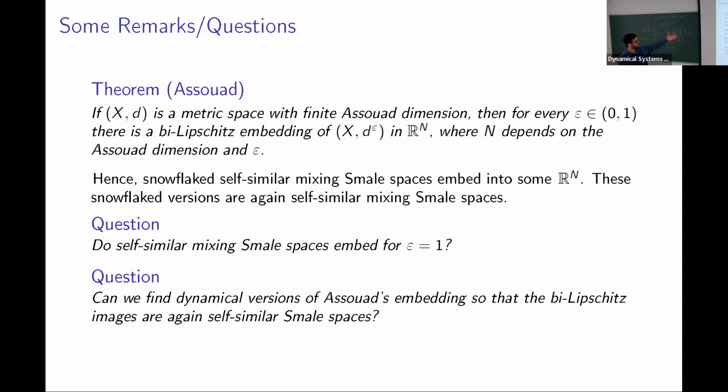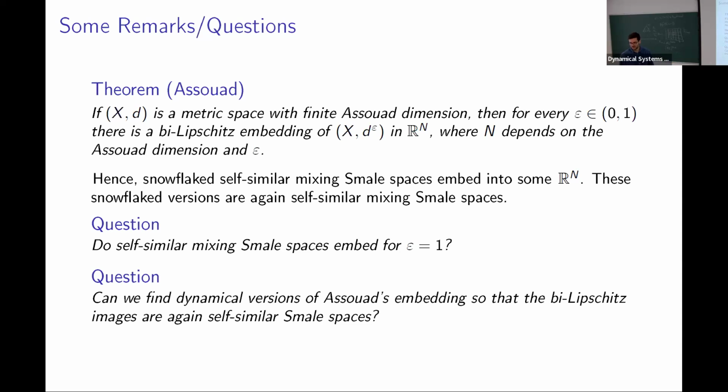Can we embed Smale spaces into a Euclidean space as self-similar Smale spaces in a bi-Lipschitz way? It is a question from an old paper of Pugh: can every Smale space be realized in a smooth way, as axiom A?